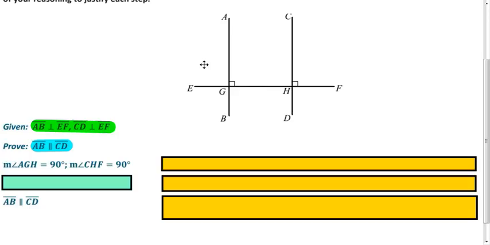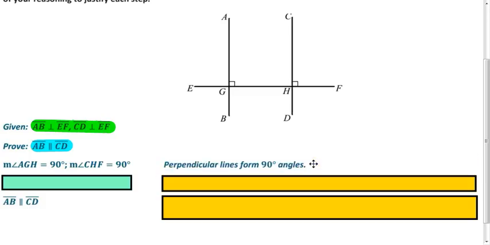We're saying that the measure of angle AGH is 90, and so is the measure of angle CHF. How do we know that? Well, they're perpendicular lines. That's from our given. So really, what I would do, I should have modified this, I'm sorry, I would have put this given as my first step, and then from that follows the second line.